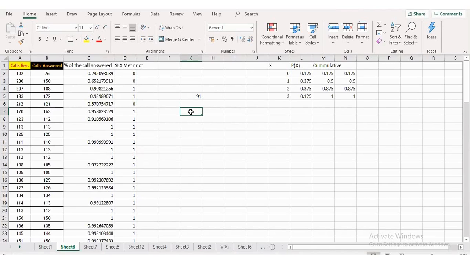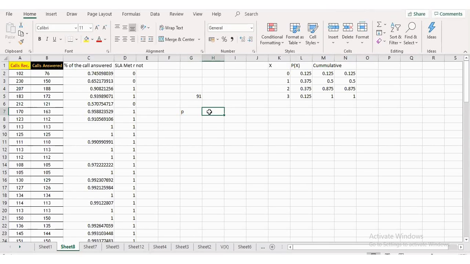(91 days). So what is my P now? P is what? Meeting the SLA, right? Yes or no? Meeting the SLA during that particular interval, 0 to 1 hour in a given day. Is it P or P not?